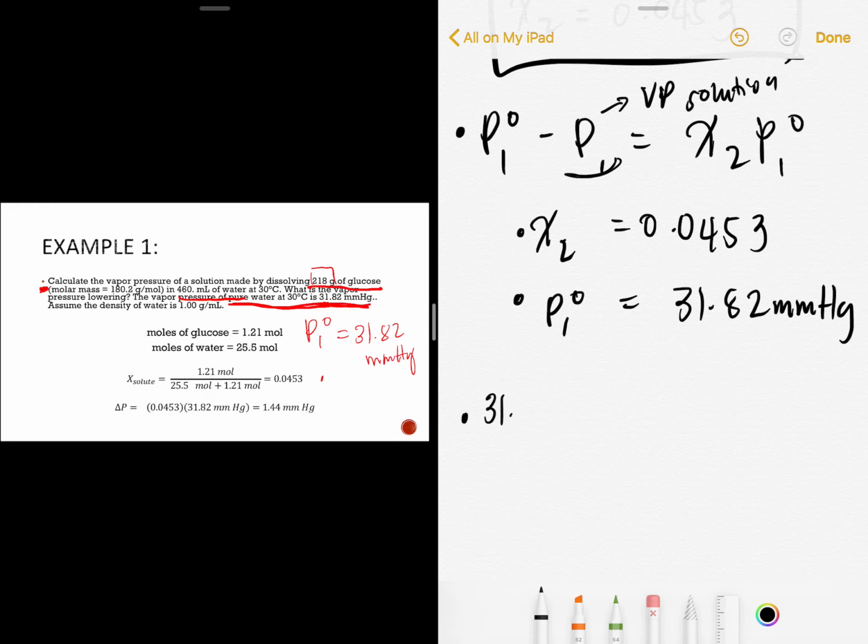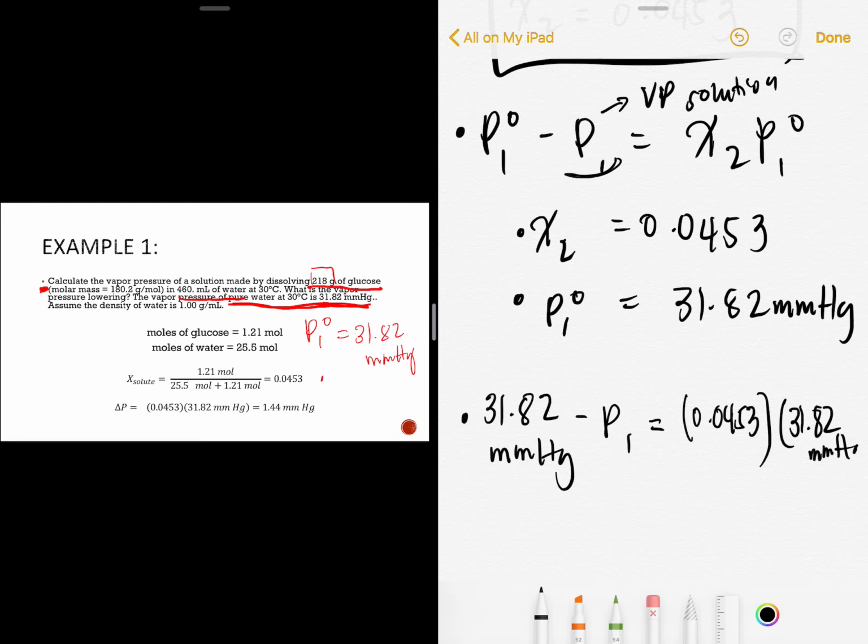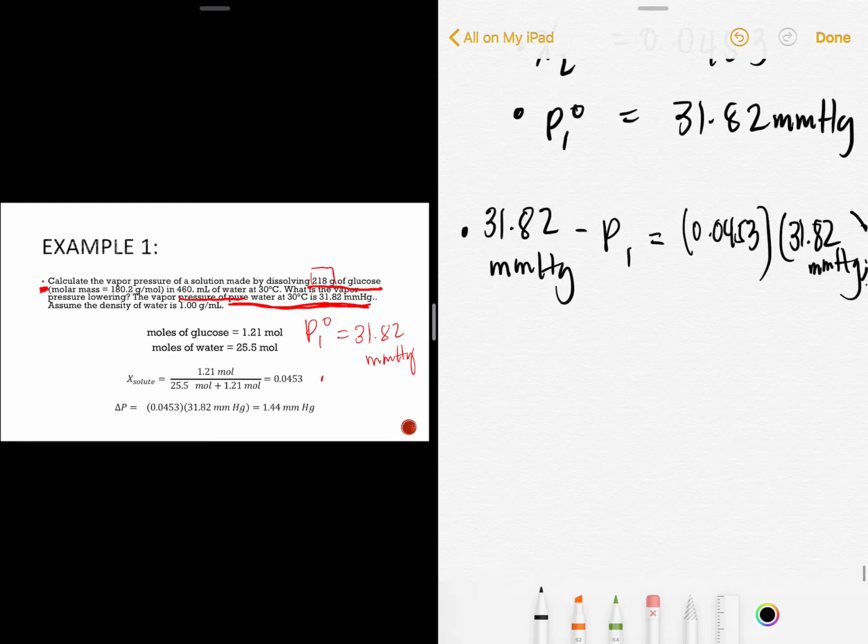So, now substitute 31.82 millimeter mercury minus P1 is equal to the mole fraction of your solute, 0.0453. Again, wala pong unit si mole fraction ha, unitless po ito. Times 31.82 millimeter mercury. So, ano ang unit ni P1? Millimeter mercury din, no? Kasi parehas lang sila dapat ni P1 naught.